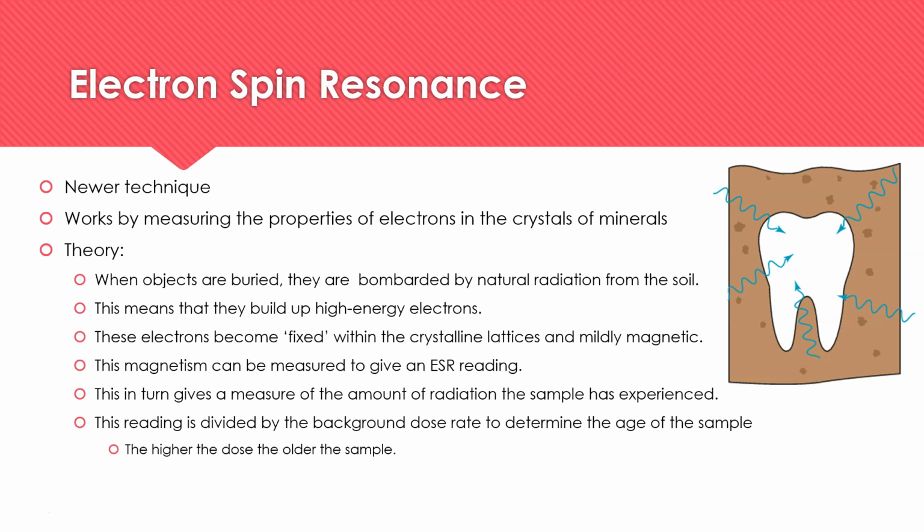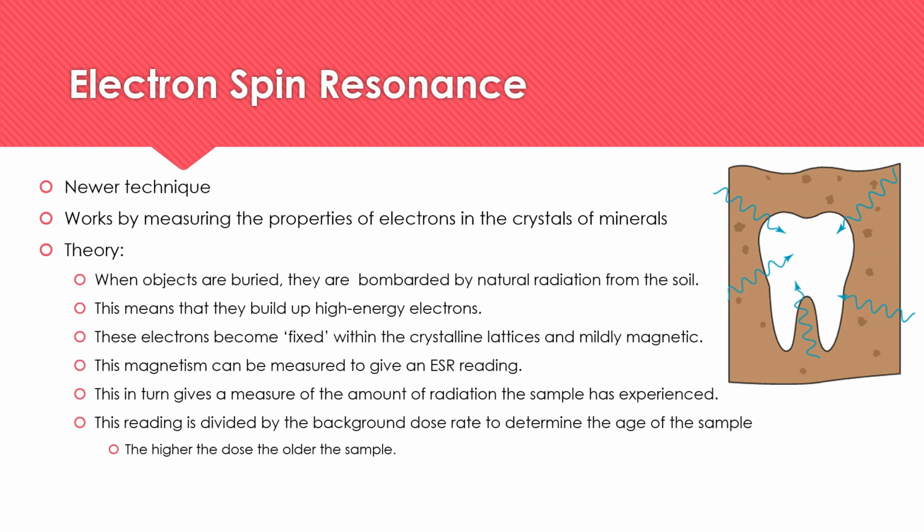And so you can kind of get an idea, once you ignore what we might consider a background dosage rate that everything would get just from existing, not necessarily being buried. Once you've eliminated that and you look at what remains, you would assume that all that radiation has come from just when it was buried in the soil. And therefore, you can get an idea of how long ago it was buried based on how long it's been in the soil or in the rock. And so that's how electron spin resonance works.